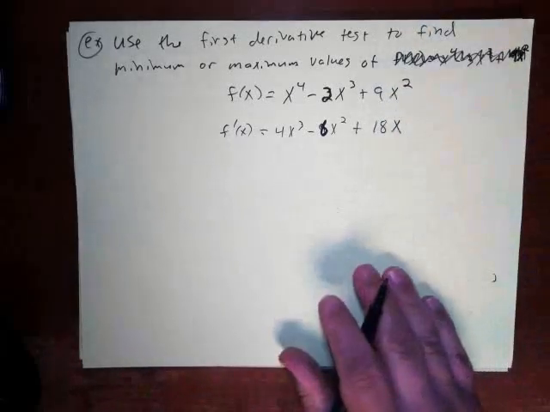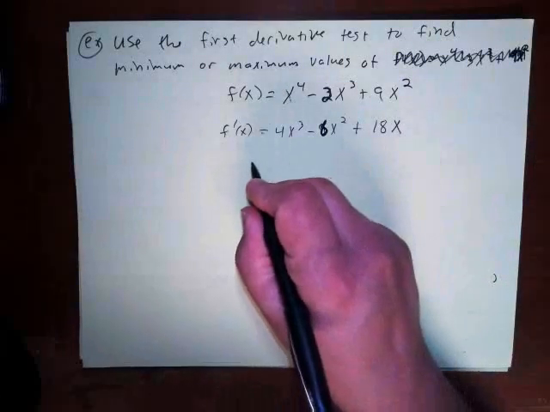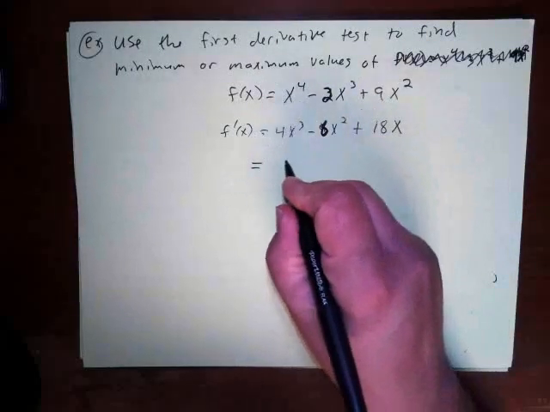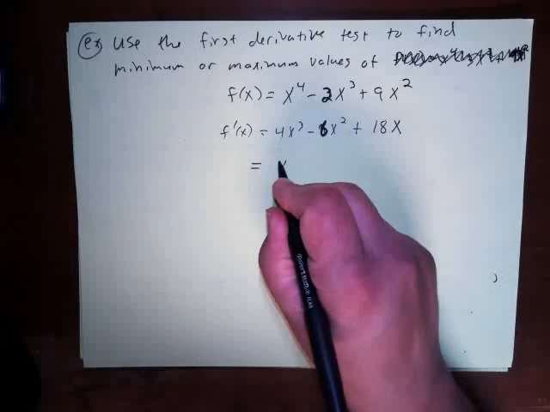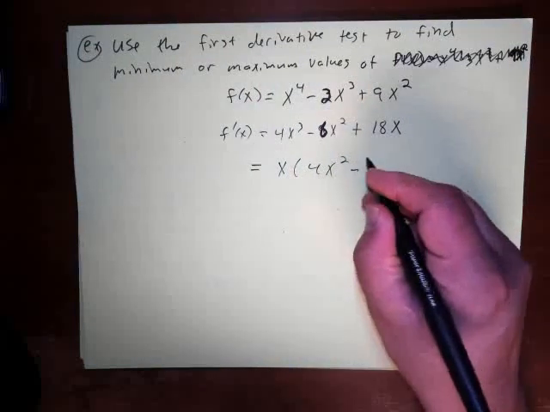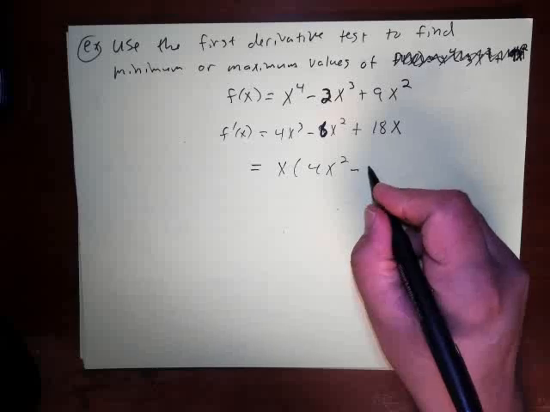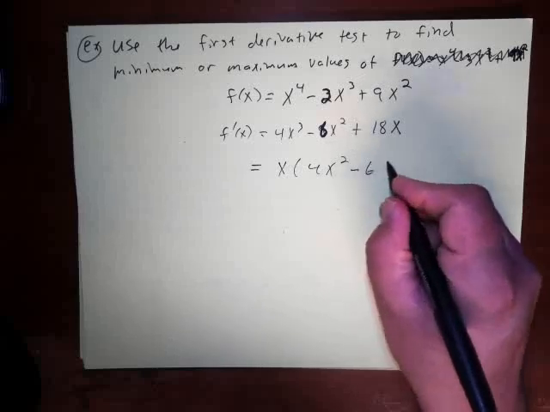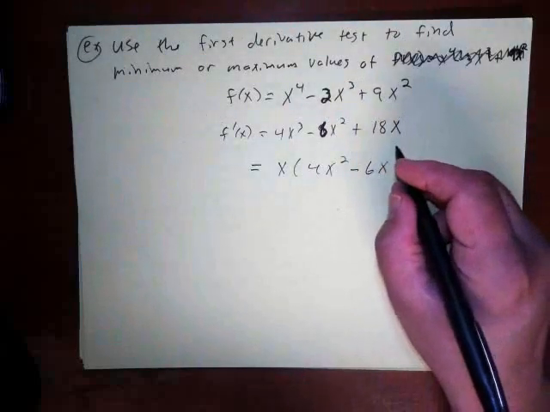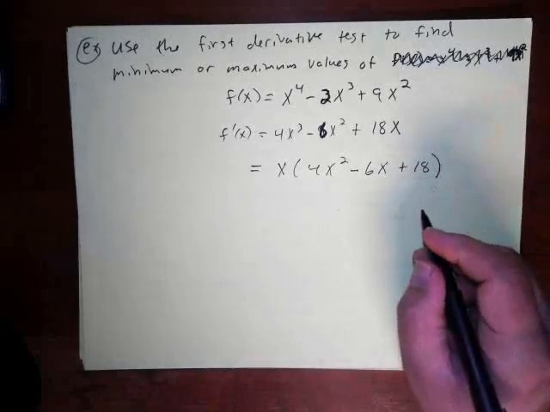So I get this, and then I could pull out an x here, and I would get 4x squared minus 6x, and then plus 18. I don't think that's going to do what I want it to do.